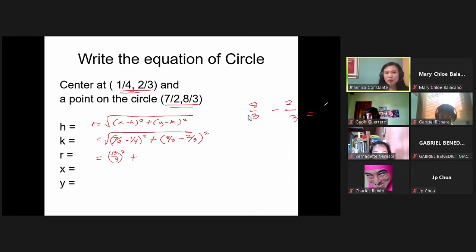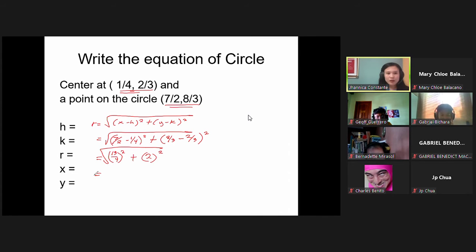They have a common denominator, so we're only going to subtract the numerators. So it will become 6/3, and we can still simplify the 6/3 by 2. So 8/3 minus 2/3 is equal to 2. So 2 squared.